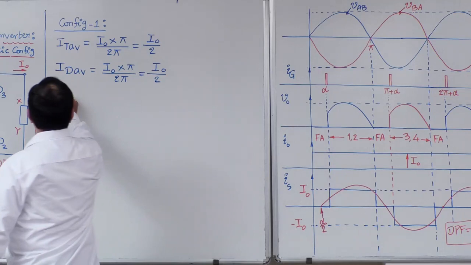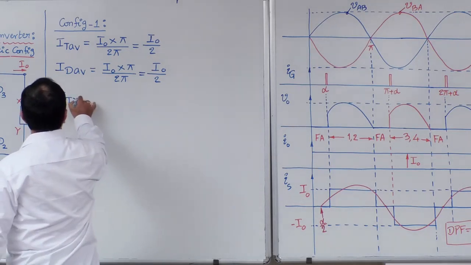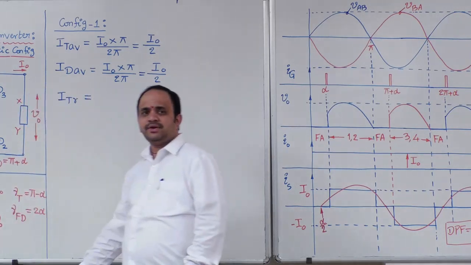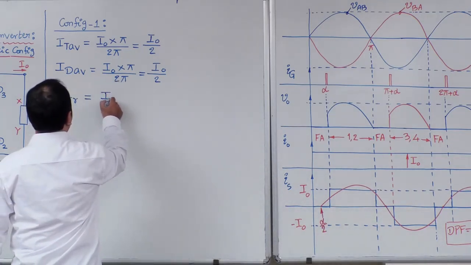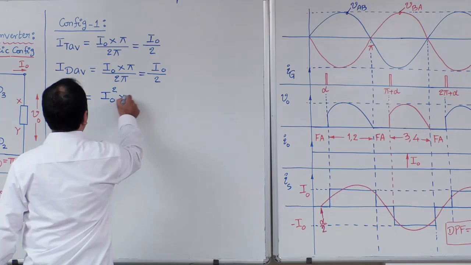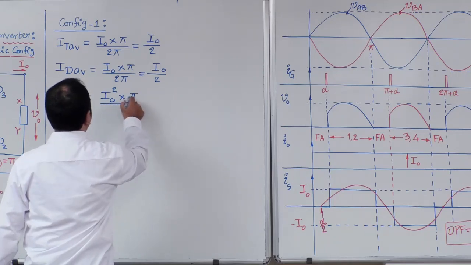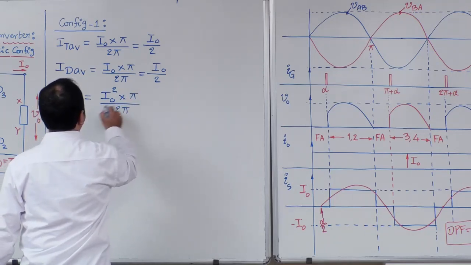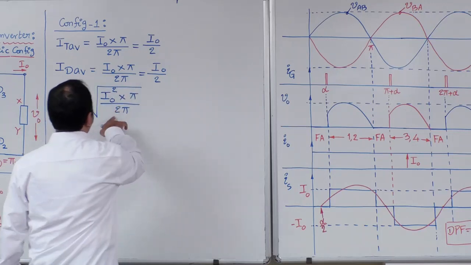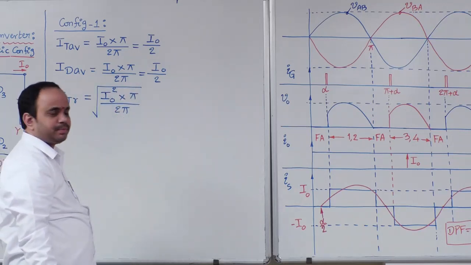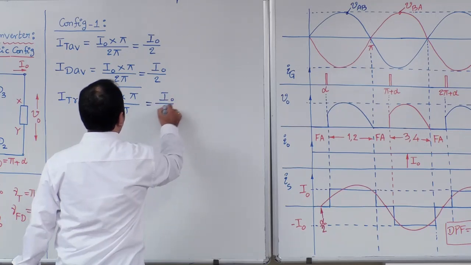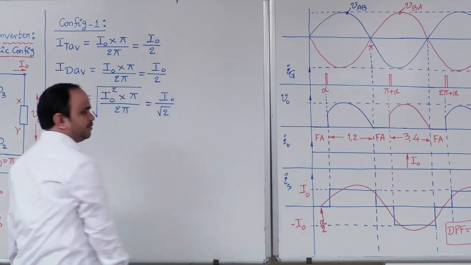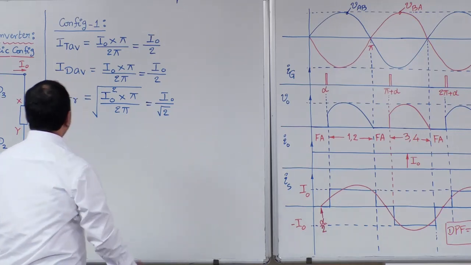Next, I would like to find RMS value for thyristor current. That means rectangular function magnitude square into function duration pi, denominator 1 cycle time, that is 2 pi. Therefore, we will get I0 divided by root 2.